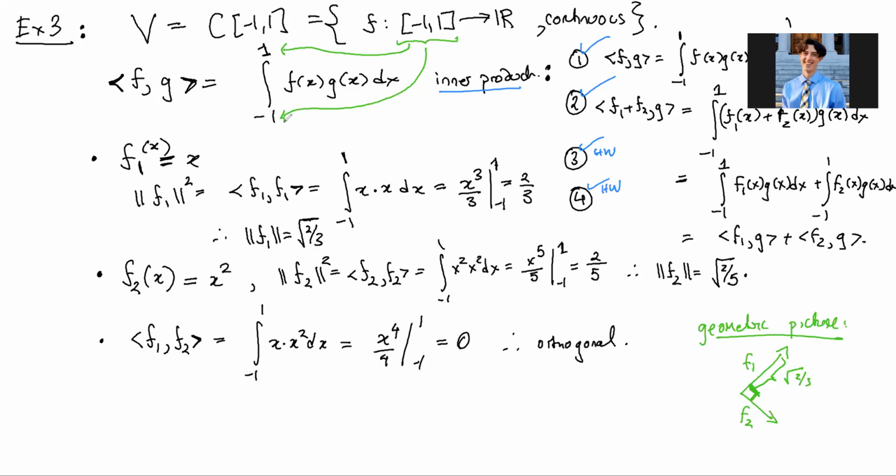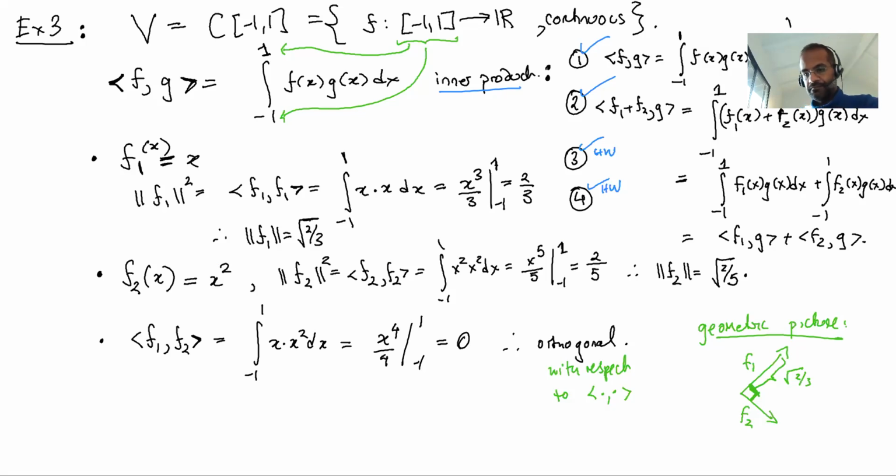So f1 and f2 are orthogonal in V then? Yeah, if you want to be totally pedantic, you'd say with respect to this inner product. Gotcha. Okay, thanks. But indeed, if I change the inner product, they may no longer be orthogonal, right? Any other question about this?